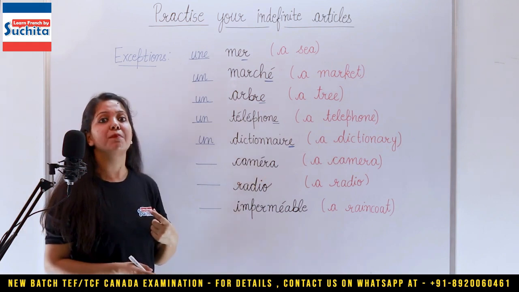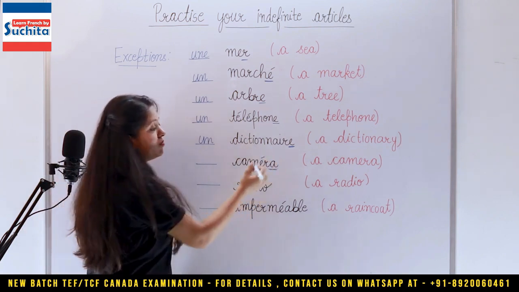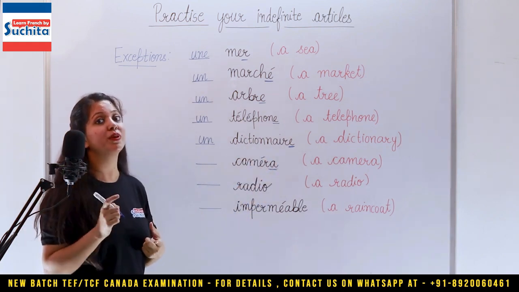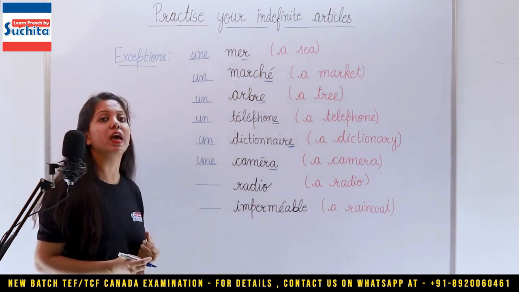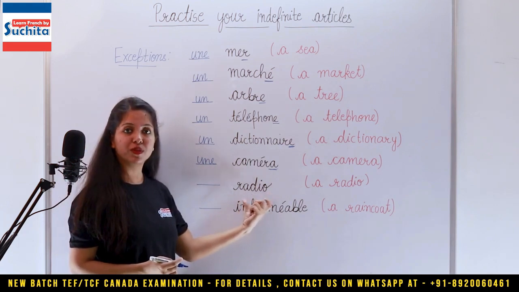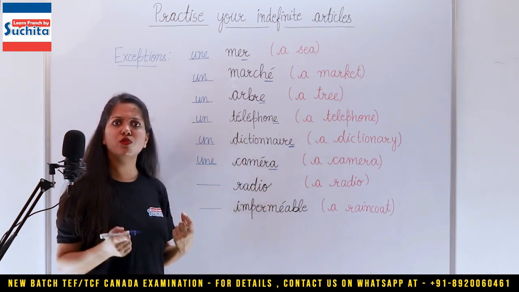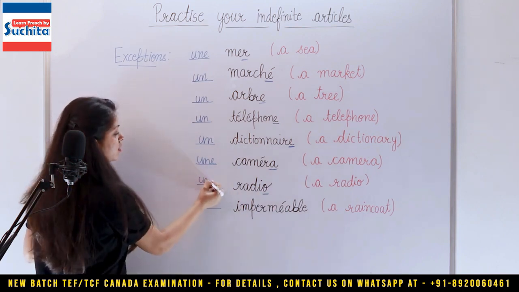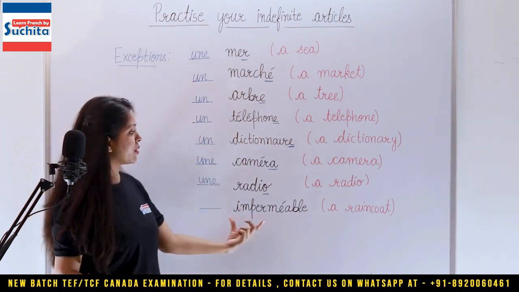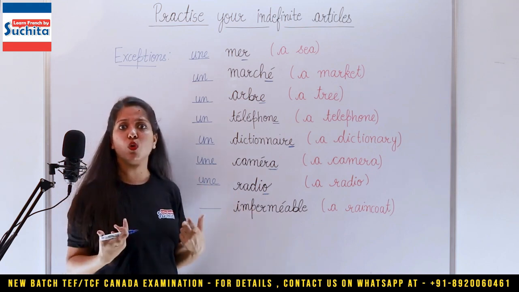Caméra doesn't end with the letter E, so it is going to be feminine. So we say une caméra. A radio. Un radio, une radio? Une radio, that's right. Imperméable, which is a raincoat.